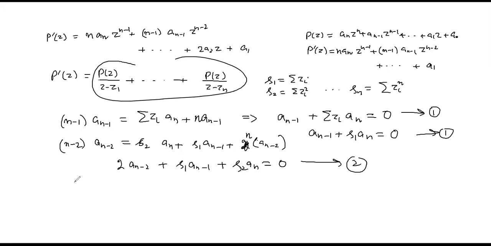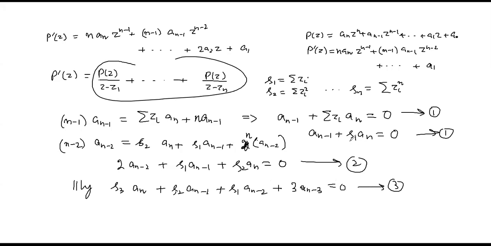Similarly I would get S3 into an plus S2 into an minus 1 plus S1 into an minus 2 plus 3 times an minus 3 is equal to 0. Call it equation 3.